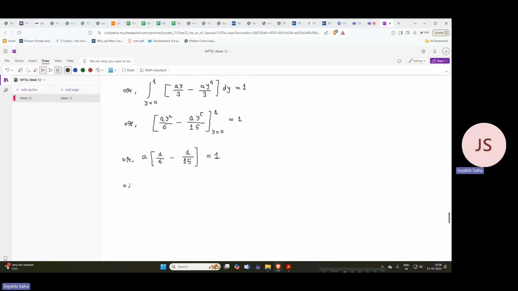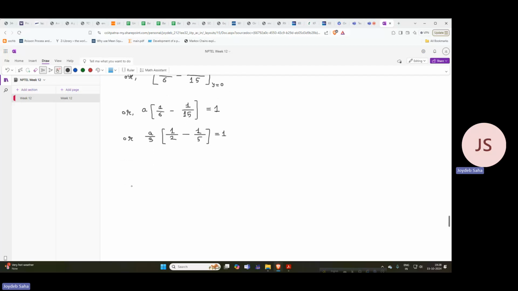Now how to solve? Let us take a upon 3, then it is half minus 1 upon 5 is equal to 1. Is it clear? Okay.